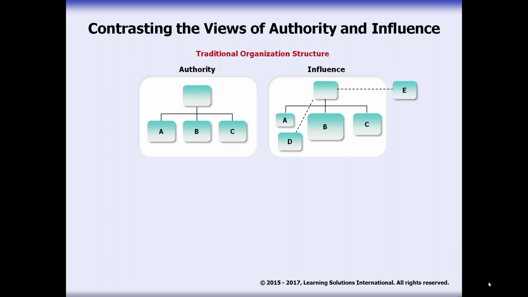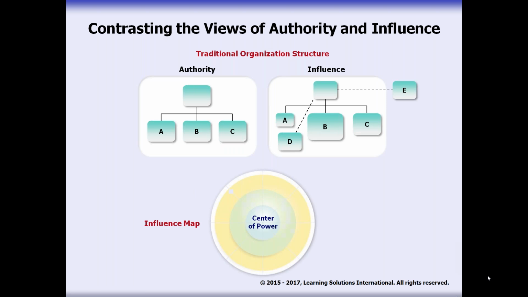Because if you look at an influence structure, using that same organizational map, if you will, players A, B, and C have different levels of influence. And you might have player D there who's not even on the organization chart. Might be a technical assistant, an executive assistant, some other person in the client organization, lower level manager, for example, who might have a level of influence. You can also have player E there as shown up on the chart from outside the organization who has a level of influence over the sales opportunity.